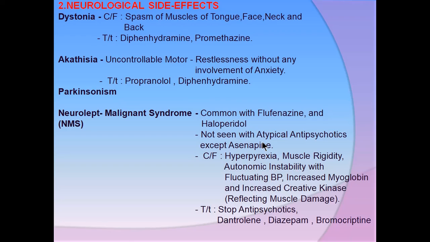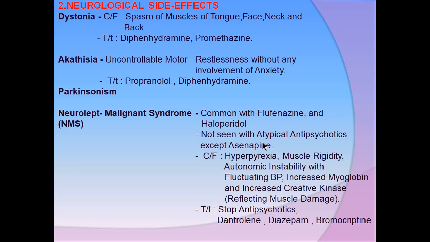Clinical feature, spasm of muscles of tongue, face, neck and back. And treatment is by diphenhydramine and promethazine. Akathisia is the other side effect, which is uncontrollable motor restlessness without any involvement of anxiety. Treatment is propranolol and diphenhydramine.